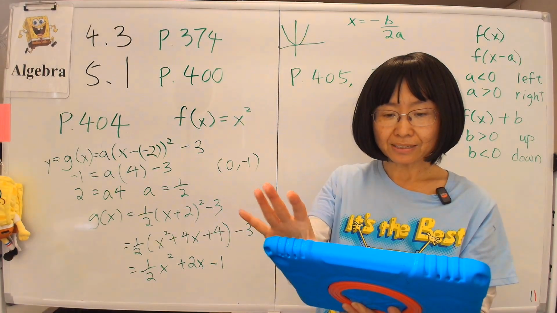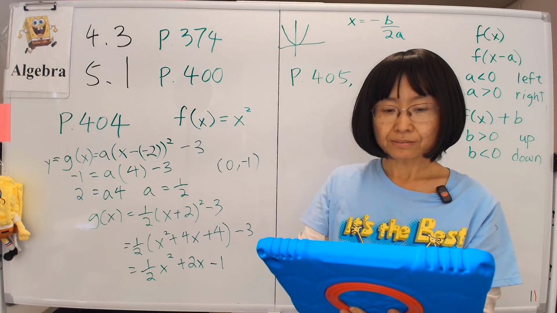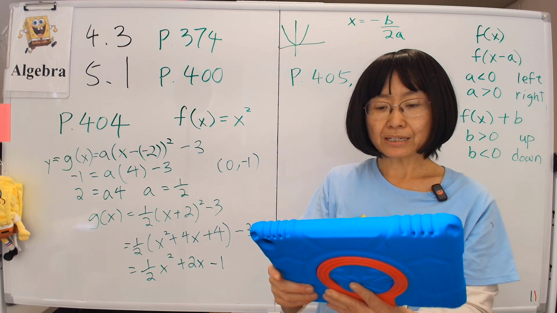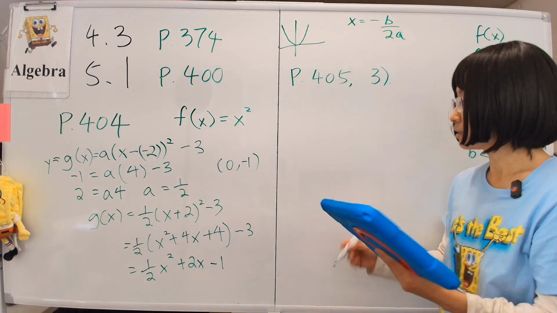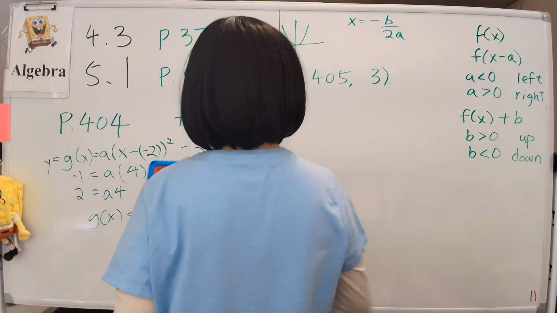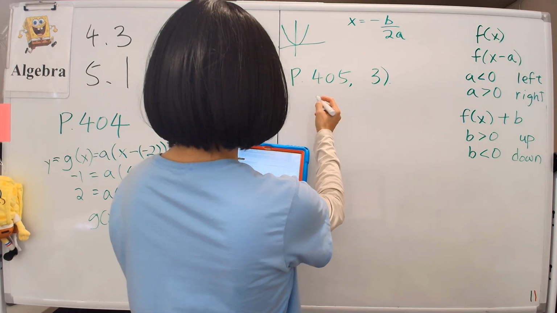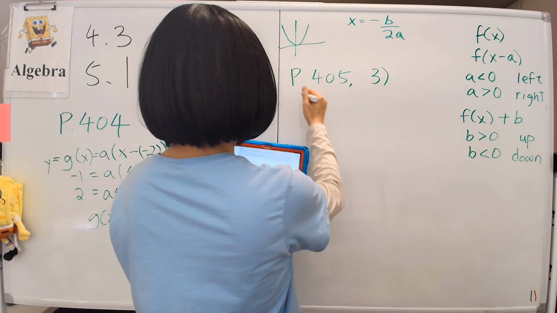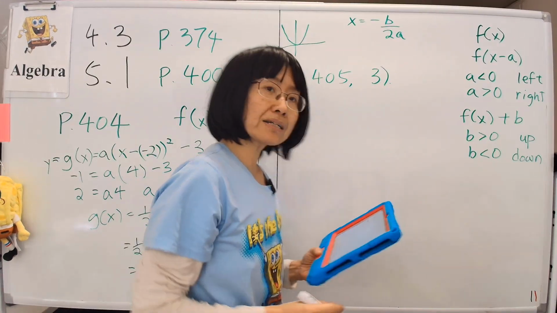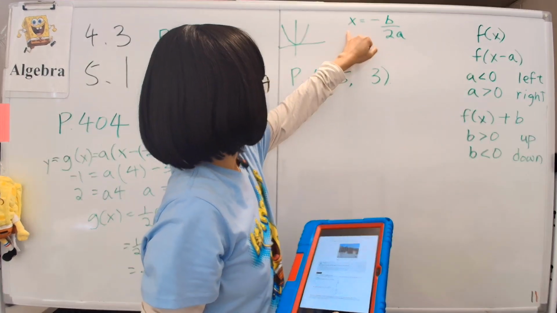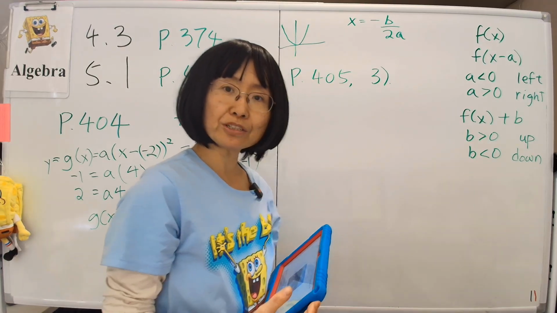So having said that, let's look at example 3, where we have a quadratic equation and we're supposed to find the vertex of it. Remember, the equation of the axis of symmetry is x equals negative b over 2a.